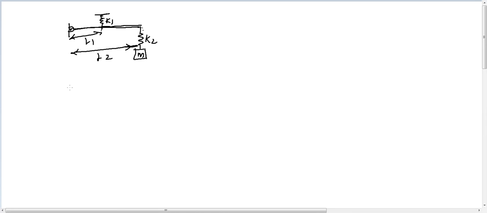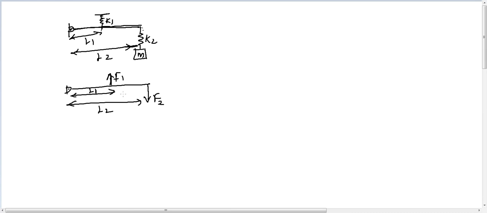If you want to find that out, let us try to draw the free body diagram of this bar. Let us say this is F2 and this is L2, and due to the spring there is an upward force F1, which is acting at a distance L1.